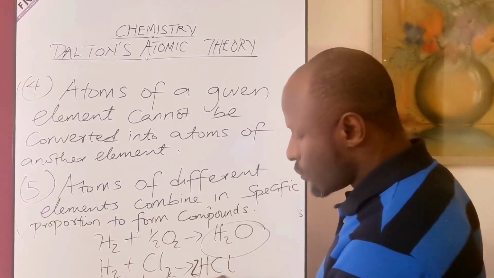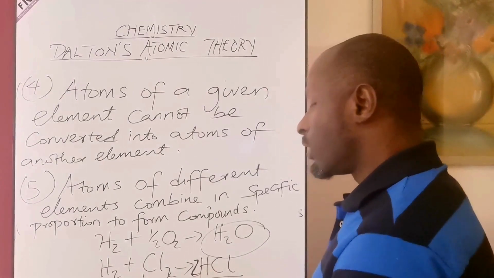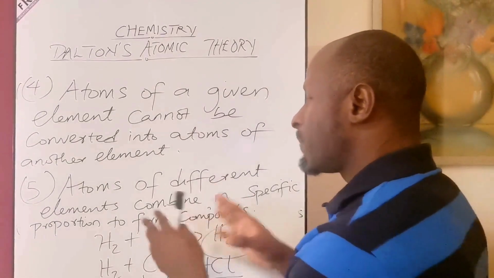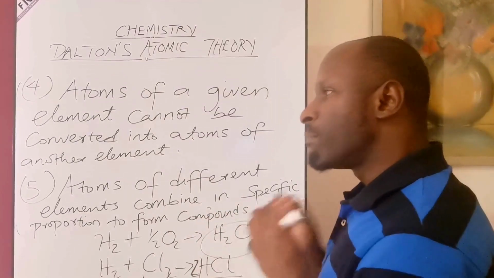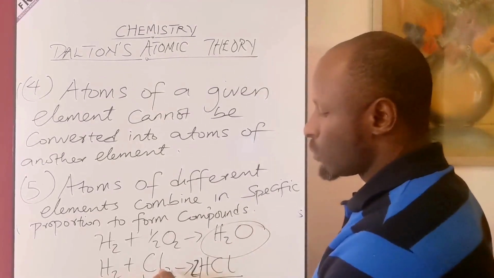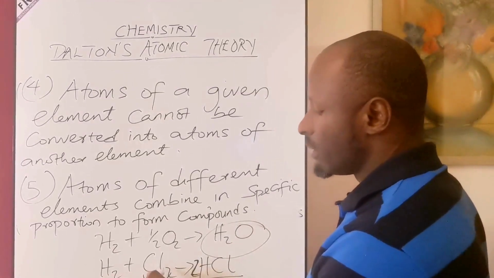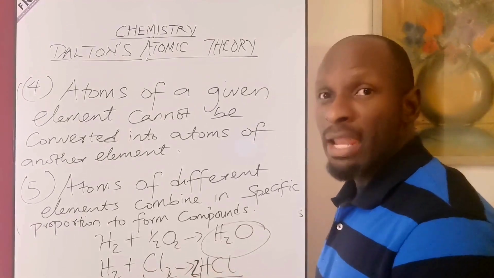Chlorine, to give you 2 molecules of hydrogen chloride. That is what this particular point is trying to say, that there is a specific proportion. You cannot combine 3 atoms of hydrogen plus 2 atoms of chlorine to want to get something like this. It's not possible. It is not balanced.